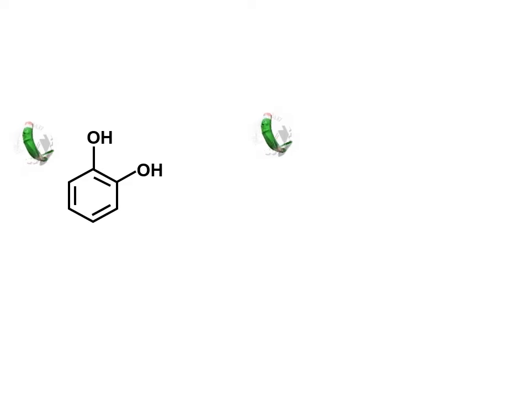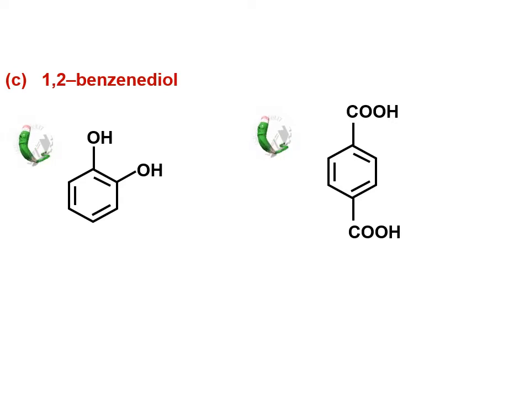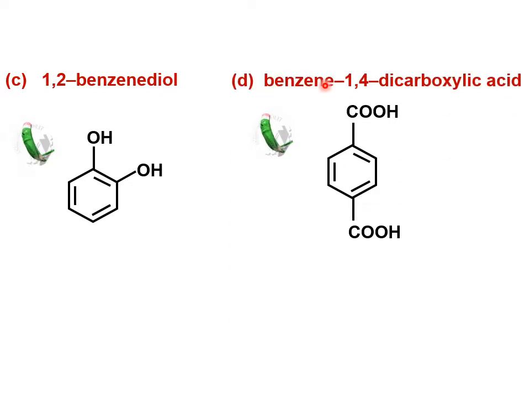Two hydroxyl groups attached to positions 1 and 2 is named 1,2-benzenediol. And when we have two carboxyl groups attached to the benzene, it's called benzene-1,4-dicarboxylic acid. For these two structures, I think it's easier to use numbers instead of the prefixes.